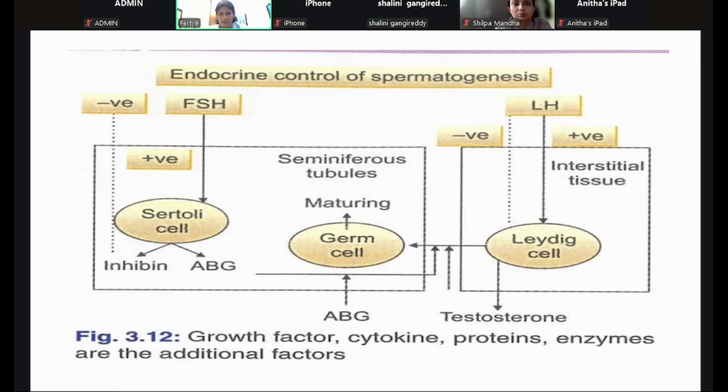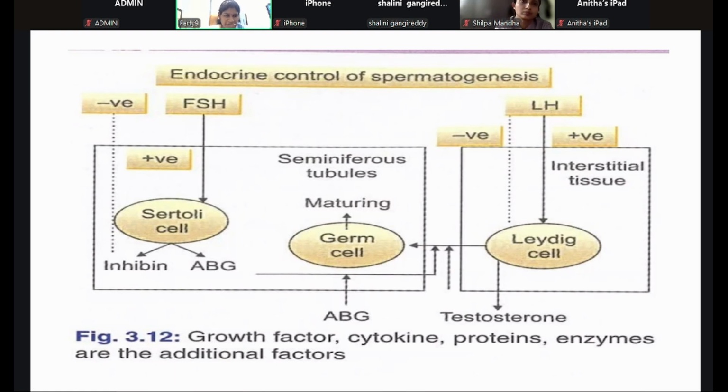On the other side, FSH acts on the Sertoli cells, and then it forms androgen binding protein. So this androgen binding protein will move through the basement membrane and attach to the testosterone, and it will take the testosterone into the Sertoli cells, into the seminiferous tubules, and it helps in the maturation of the germ cells.